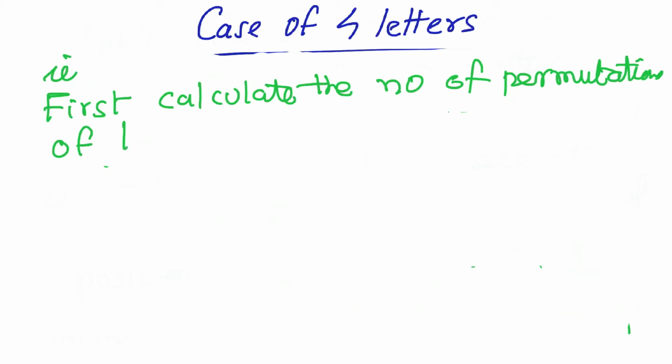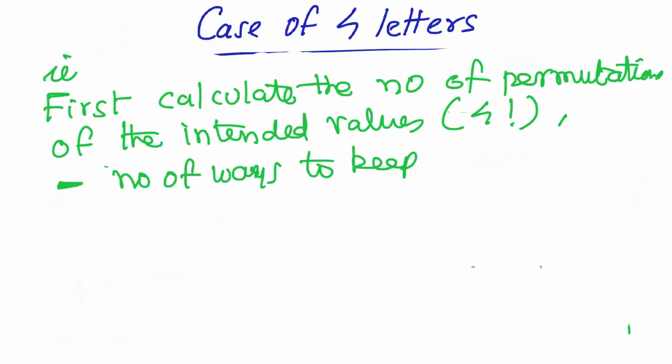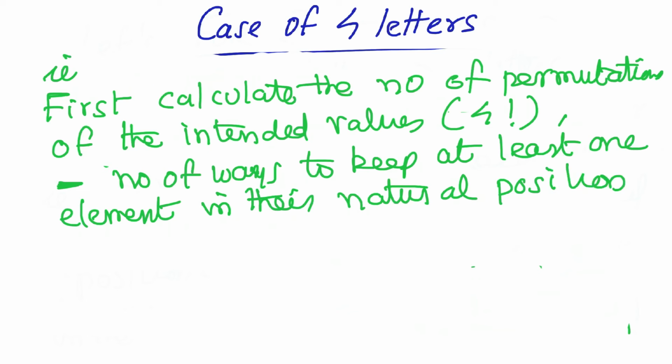So what exactly have we done here? What is the procedure we did here? First we calculated the number of permutations of the intended values. Naturally we chose 4 letters, so the objects were 4. That's 4 factorial. Then we subtracted from that the number of ways to keep at least one element in its natural position, that is one letter in its intended envelope.